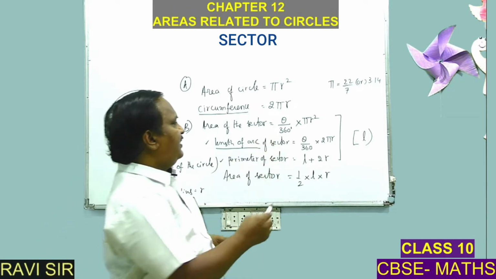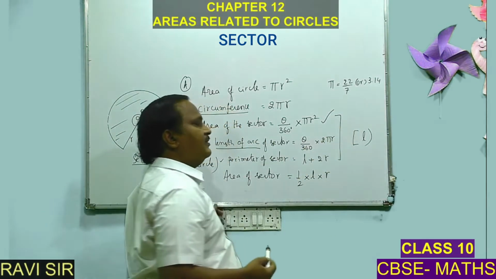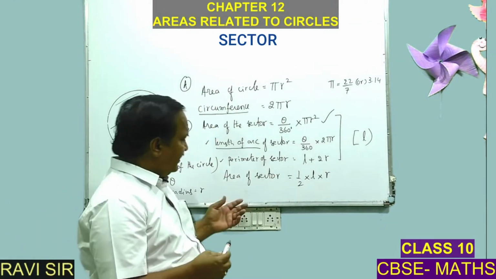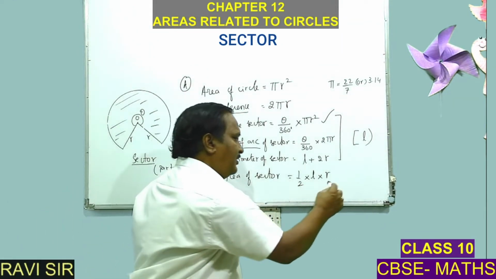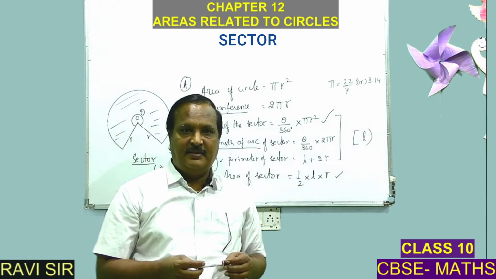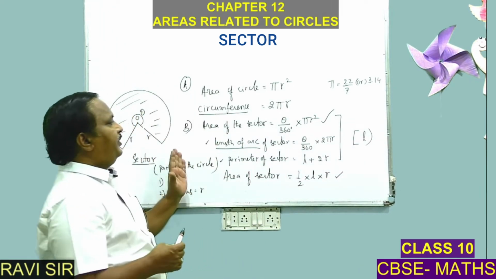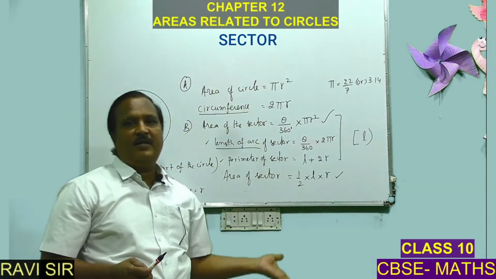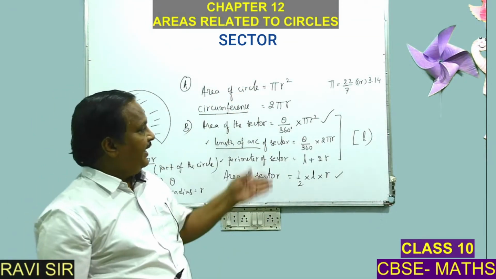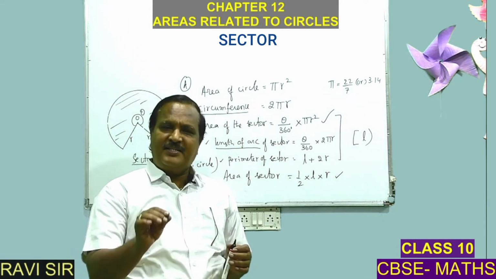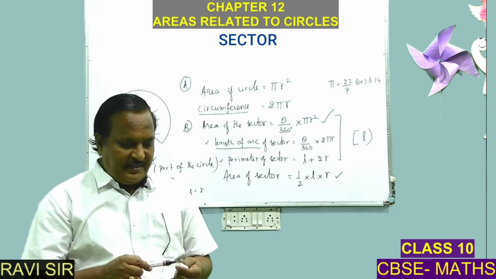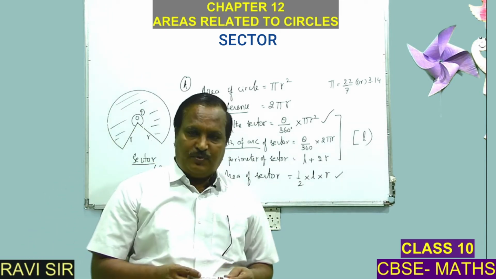One is using theta by 360 into pi r square. The other one is half into length into radius. I hope you have understood how these formulas are obtained. Usually all the students learn the formulas by heart, but if you understand how these formulas are derived, then it will be easy to do the word problems.